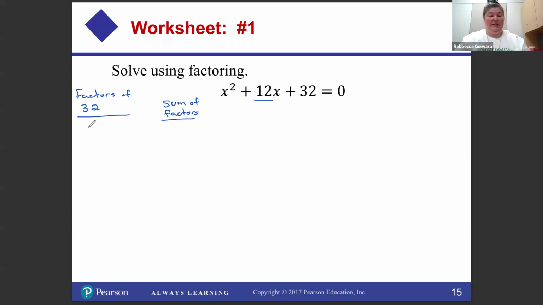So a very obvious one would be, because everything is positive, 4 and 8. If you multiply those together, you get 32, but if you add those together, you're going to get 12.